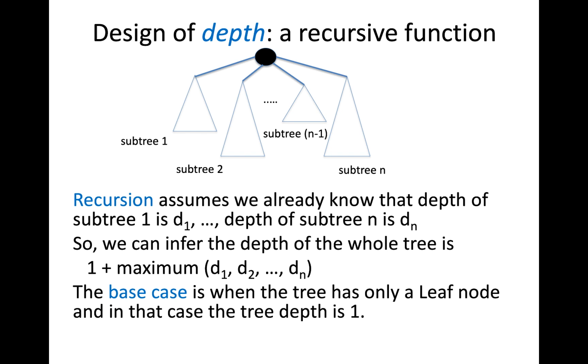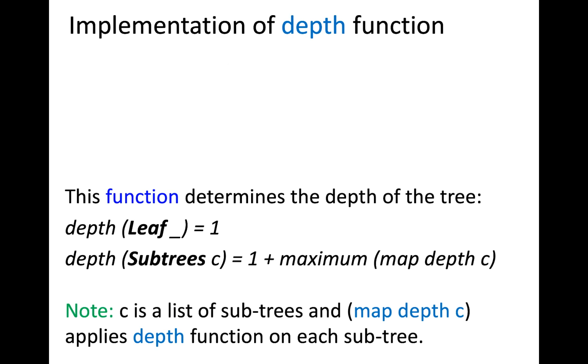And then the tree depth is just 1. So that means the function depth may look like this. When depth has input which is just a leaf, doesn't matter what value is there in the leaf, the depth is going to be 1.